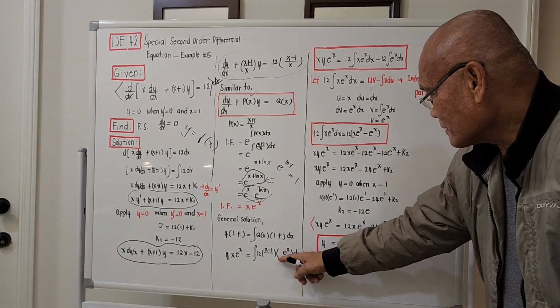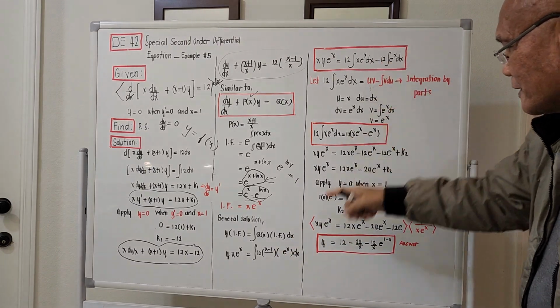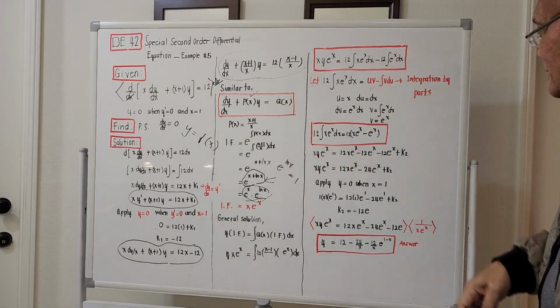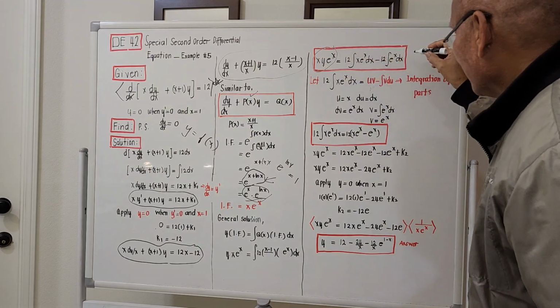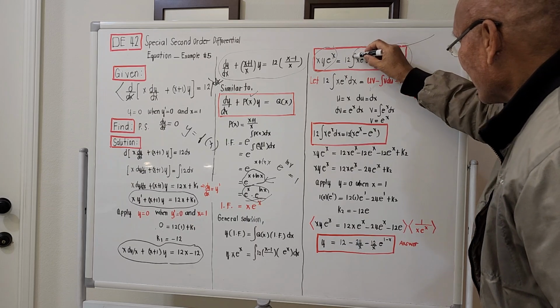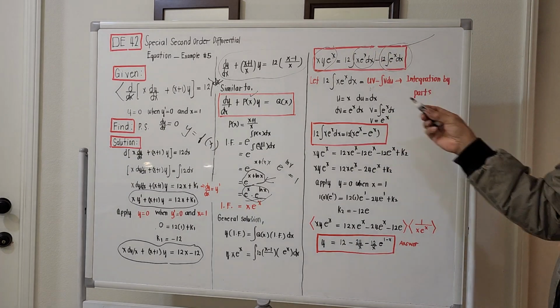The second part is actually 1 times e to the x. This is minus 12, it's still got a 12 constant, the integral of e to the x dx. This is okay now, right? This is easily integrable, but for this one, we must bring out the solution separately.